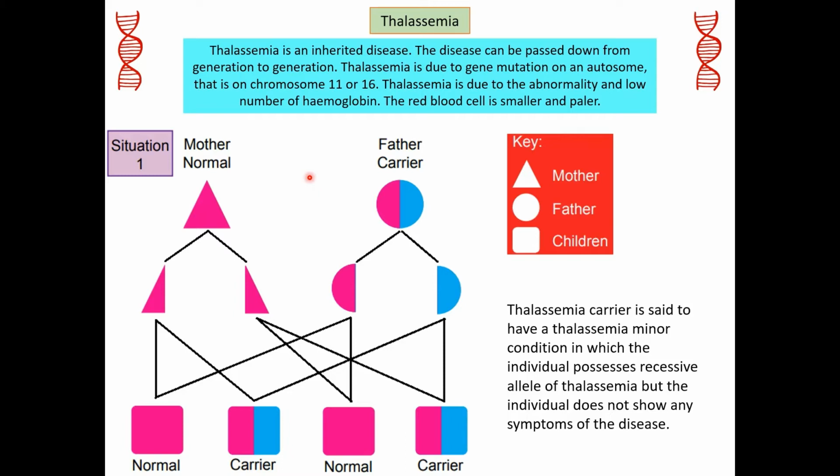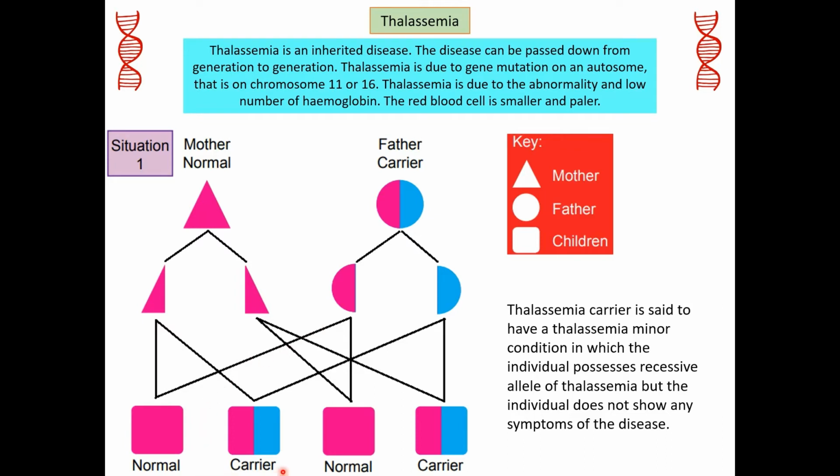Look at this genetic diagram. Situation number 1, the mother is normal and the father is a carrier. So these are the gametes. Both are normal, but this one carries one recessive allele for thalassemia. When the normal allele crosses with the normal allele from the father, the child is normal.